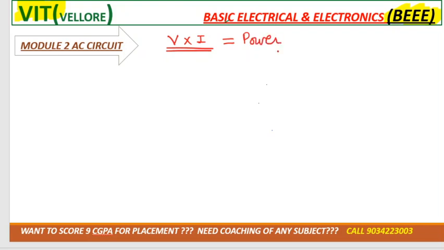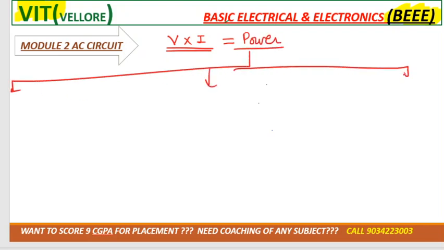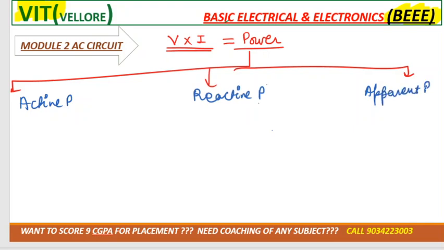After multiplying voltage with the current, what we get is power. Good. So basically in an AC circuit, we'll have three different kinds of power. One is the active power, another is the reactive power, and another is the apparent power. You need to remember all three powers.